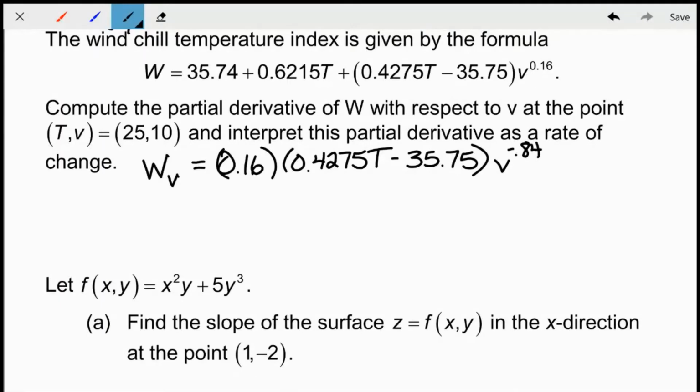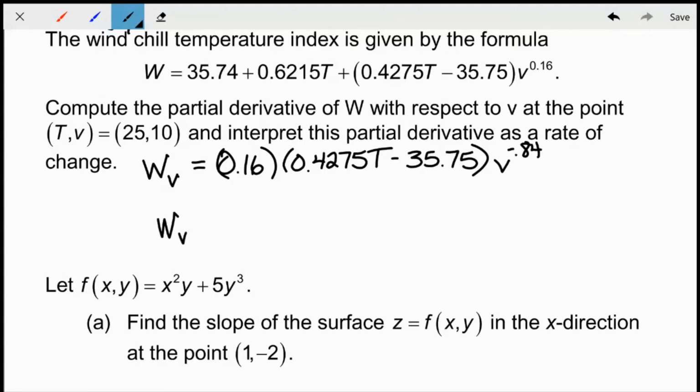Okay, so that's the rate of change of my wind chill temperature as velocity changes and temperature is held constant. So I'm looking at how velocity by itself impacts the wind chill temperature.